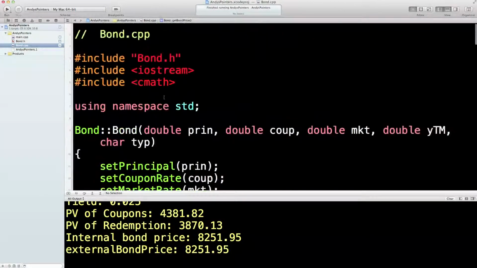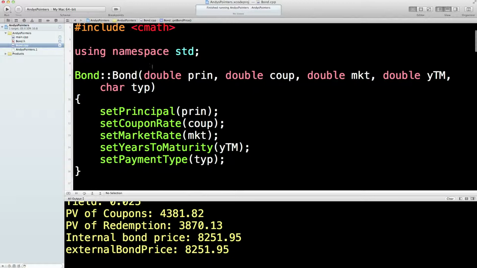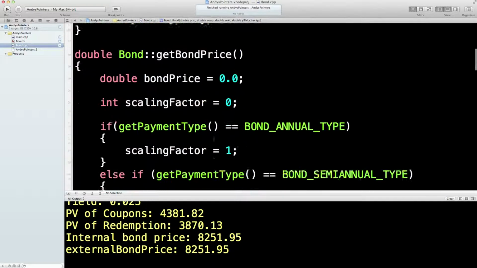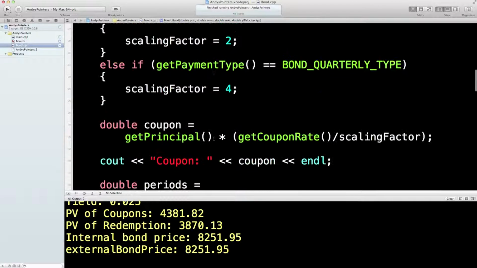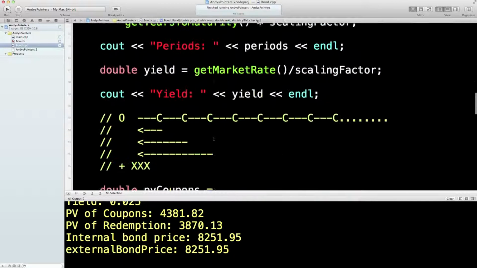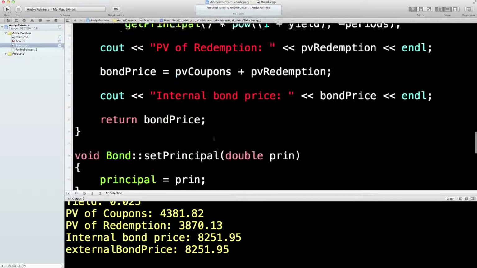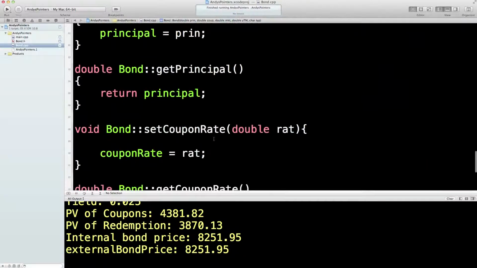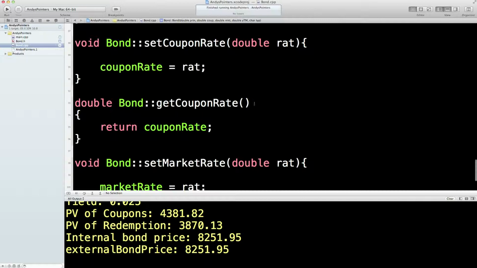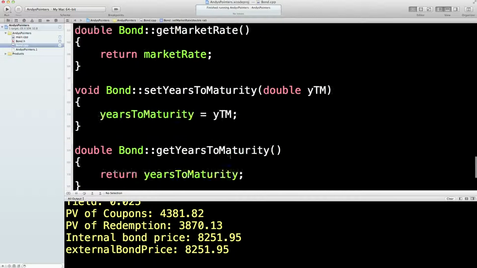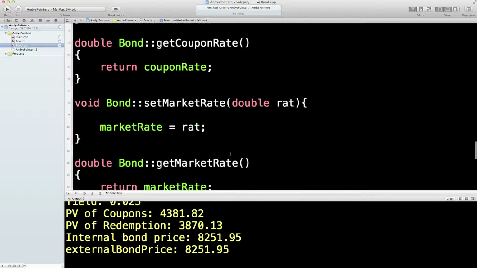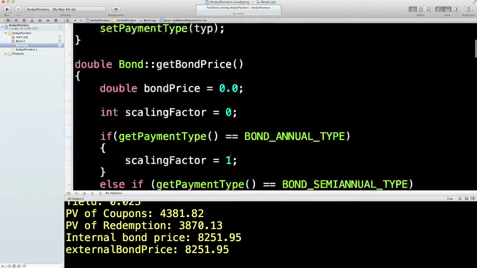Inside here, we've got rid of the bond constructor, the simple one, and only left the more complicated one. We have written a pricing algorithm which hopefully is generating good results, and we've again added these extra set coupon rate and set market rate methods to enable us to use this bond class with confidence.